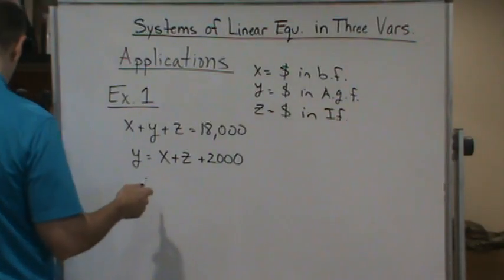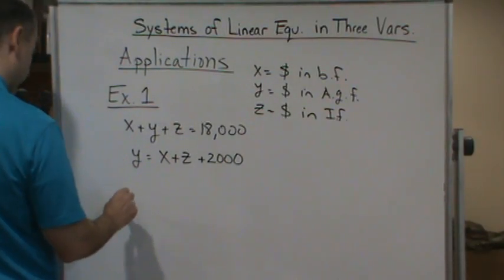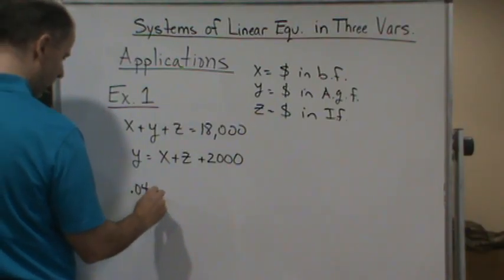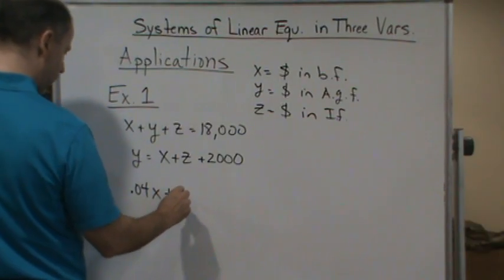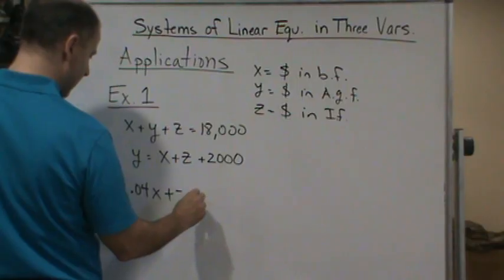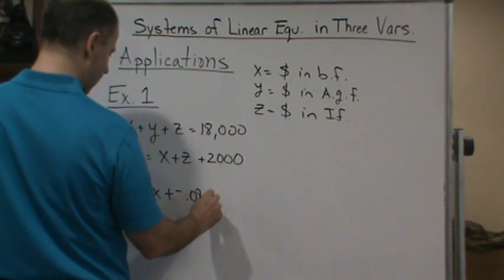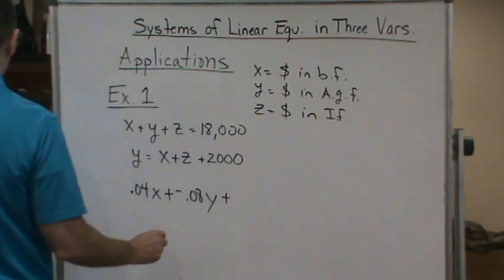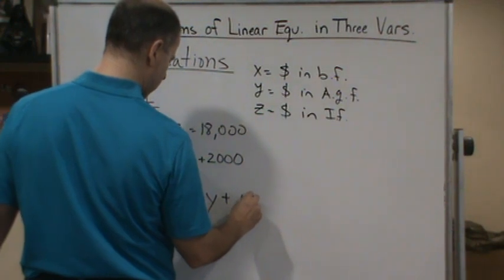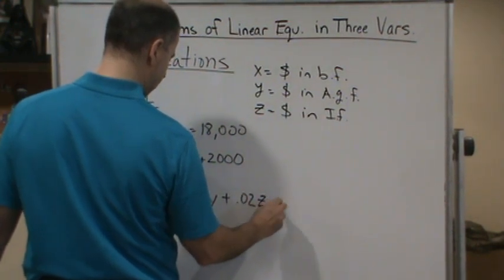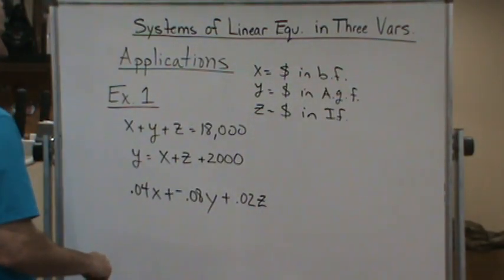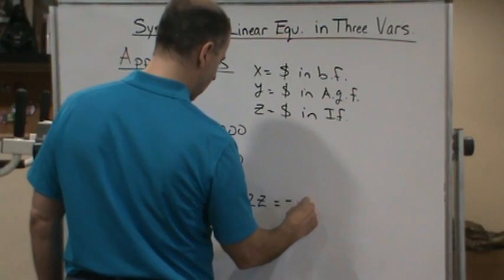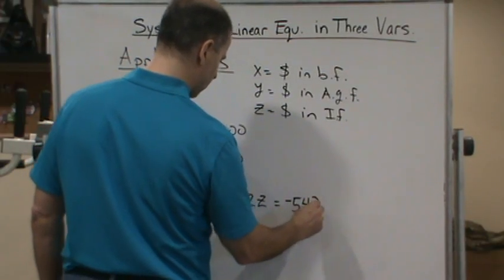If we take the returns over the past year, we got a 4% rate of return on the bond fund, so that's 0.04X, plus we lost 8%, so that's negative 0.08 on the aggressive growth fund, Y. And then we earned 2%, so plus 0.02 times the amount invested in the international fund, and that equals a net loss of $540.